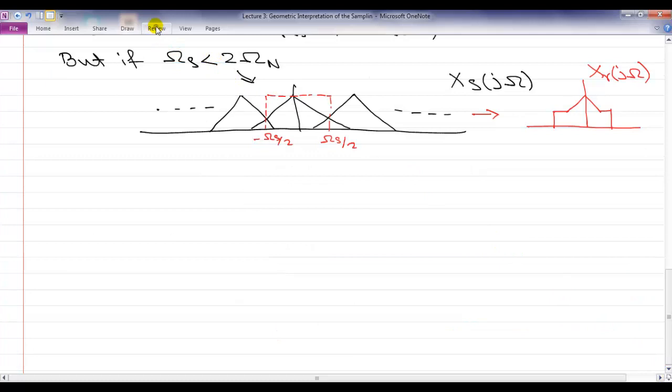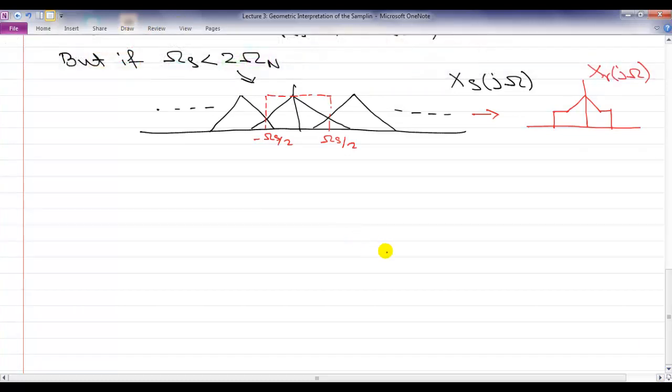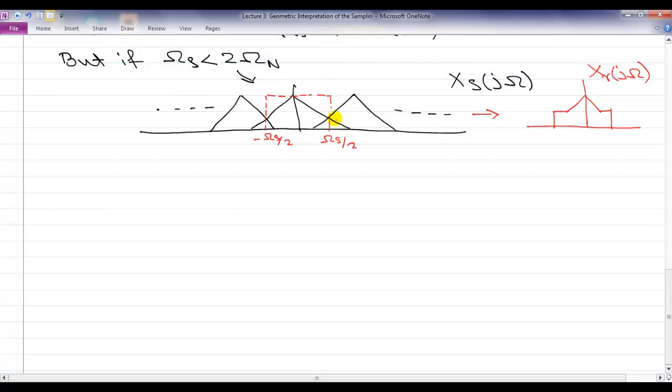Now we saw that last time too. This is just a repetition of that same concept, but now we want to look at what is happening: the frequencies that were present here effectively get folded inside the region where we are doing the low pass filtering.